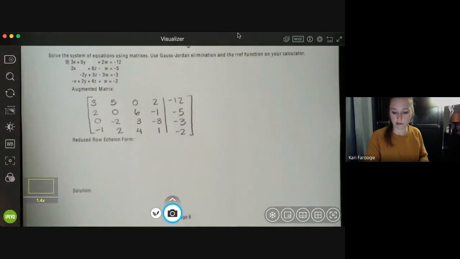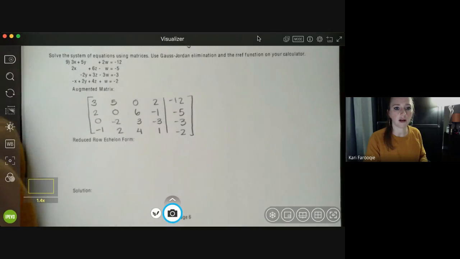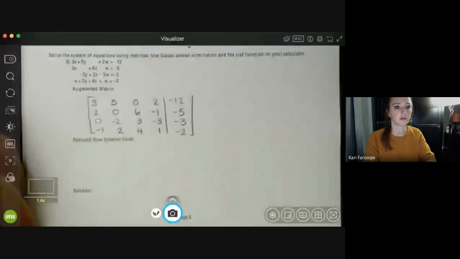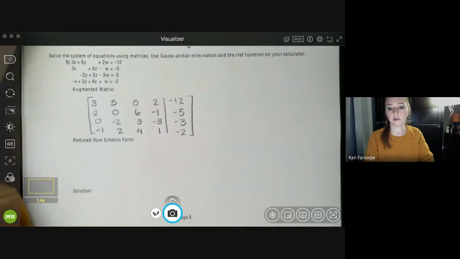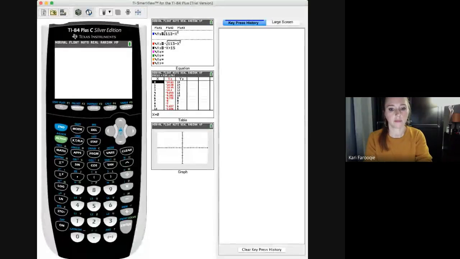Now, let me remind you, in case you forgot, how to enter this in your calculator. My handy dandy emulator. I'm going to verify that it is showing here. There it is.